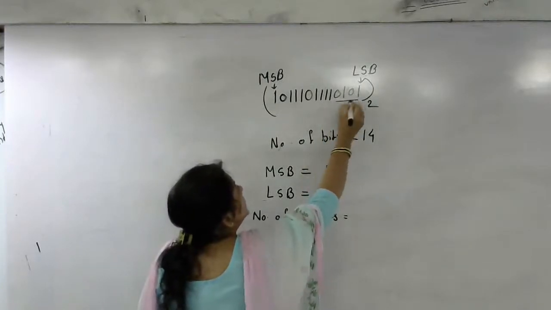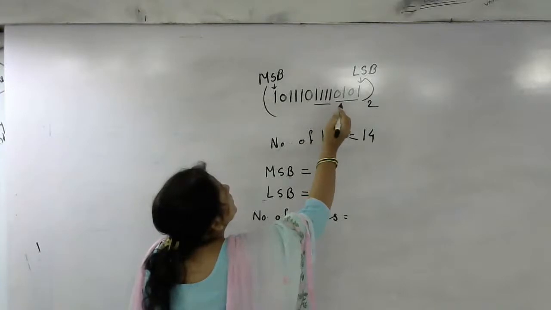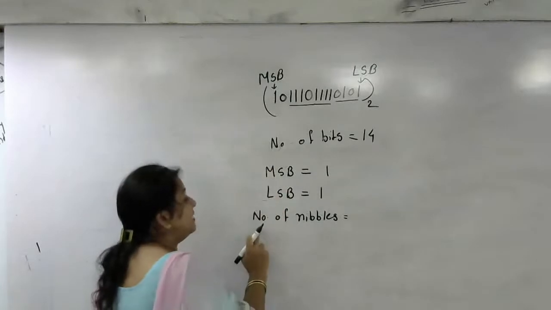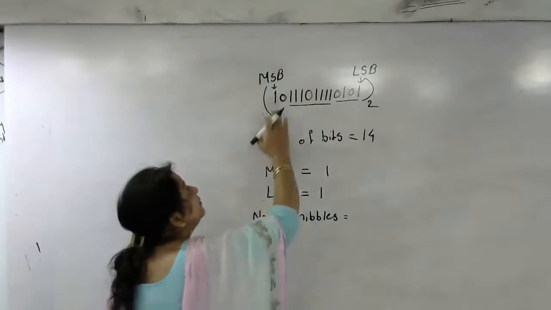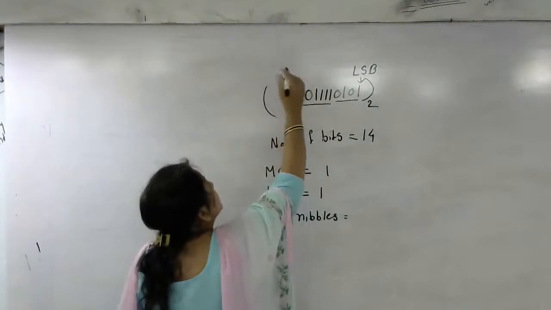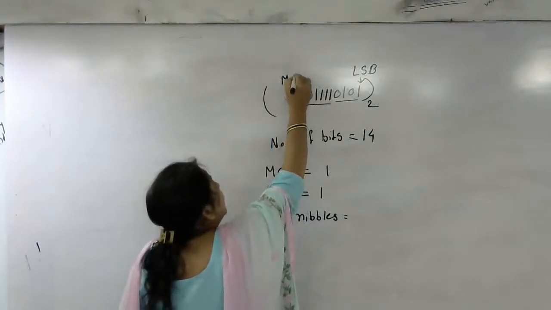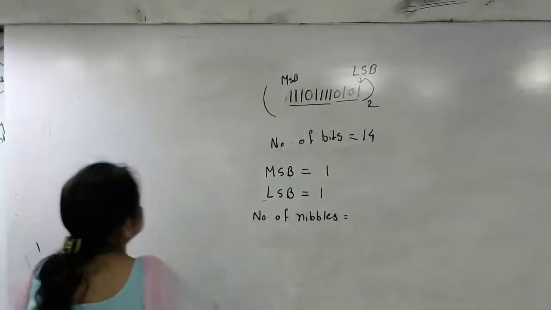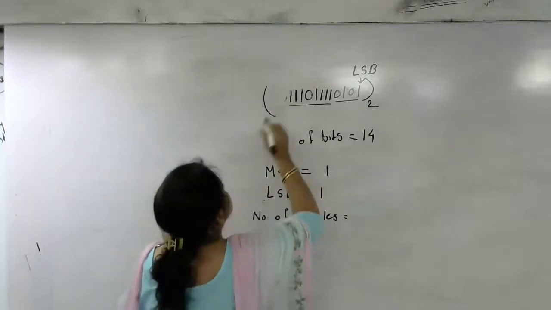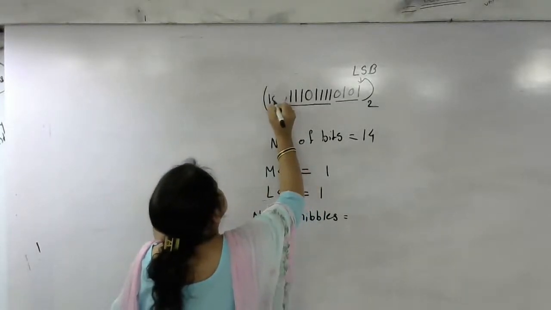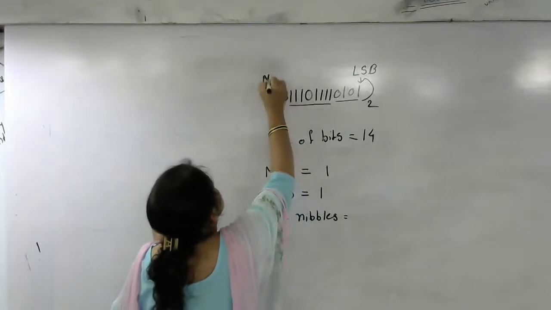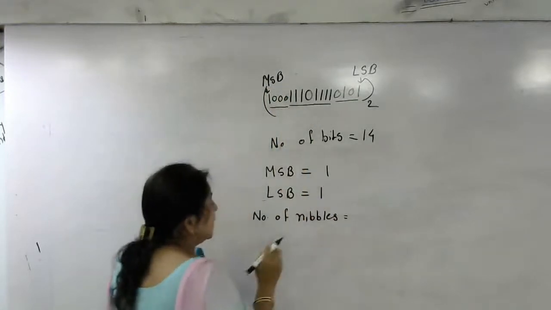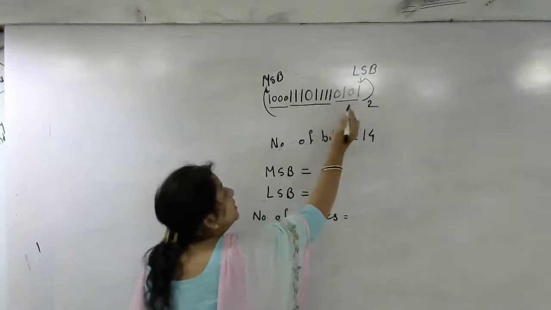So how many number of nibbles? Make a group of 4 bits.